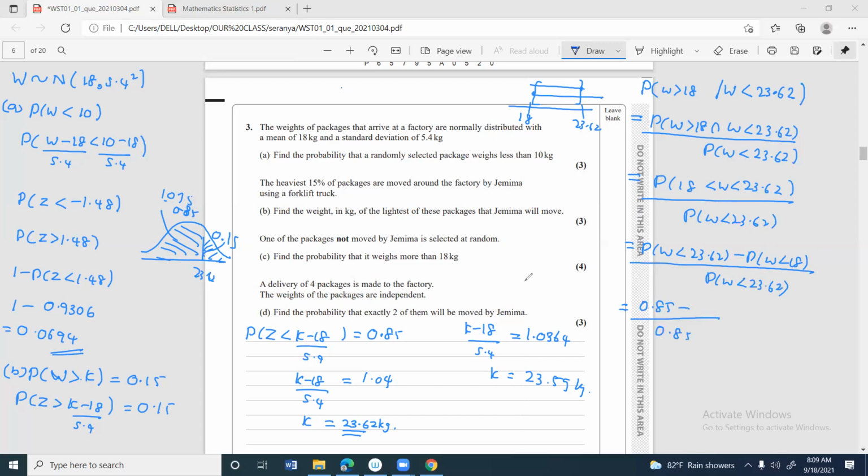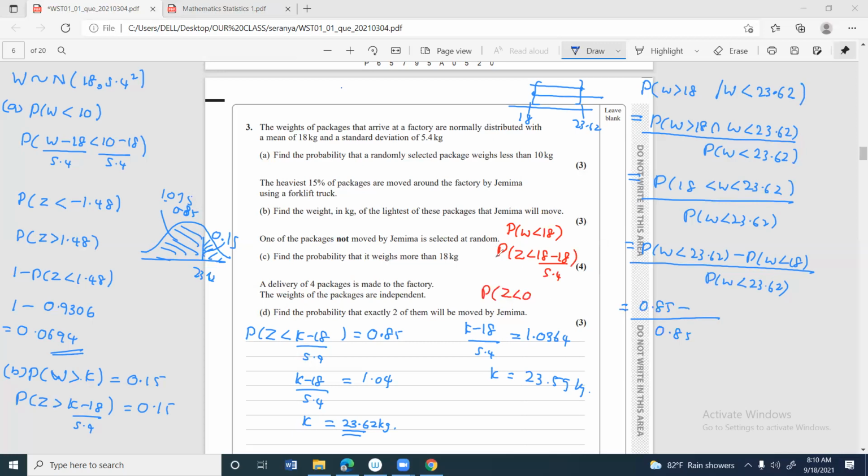Divided by 0.85, minus the probability of less than 18, which we didn't find yet. So I need to find that answer. The probability of W less than 18: make it standard normal by 18 minus its mean, which is 18, divided by 5.4. That is the probability of Z less than 0.